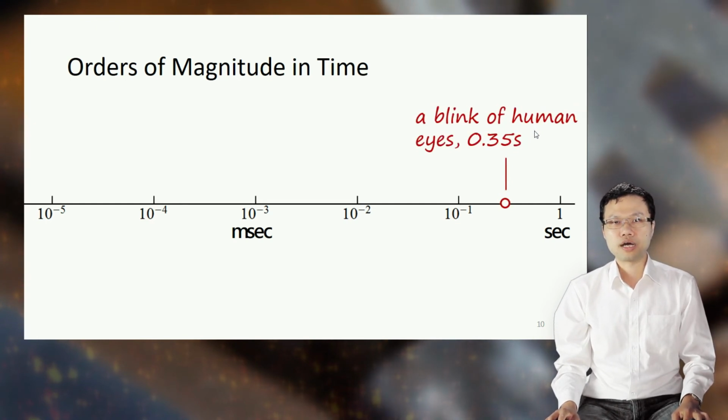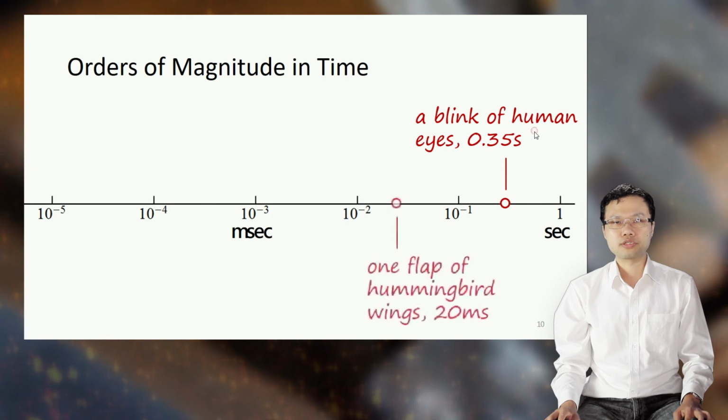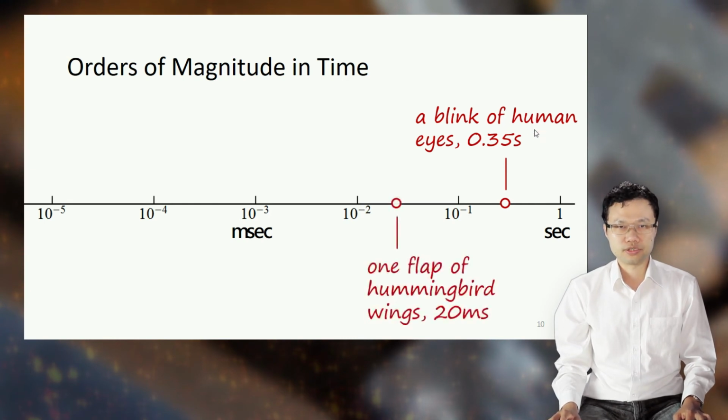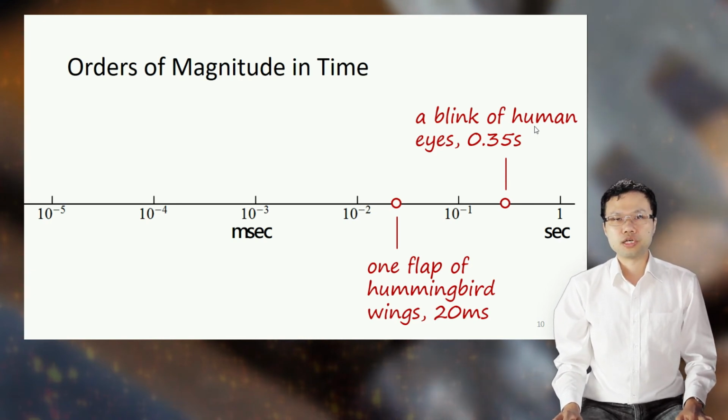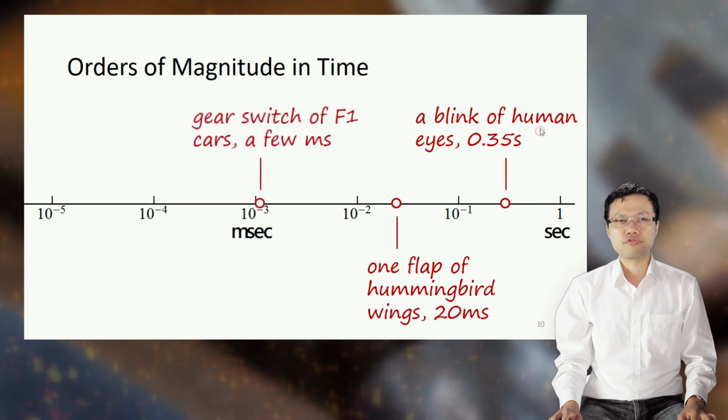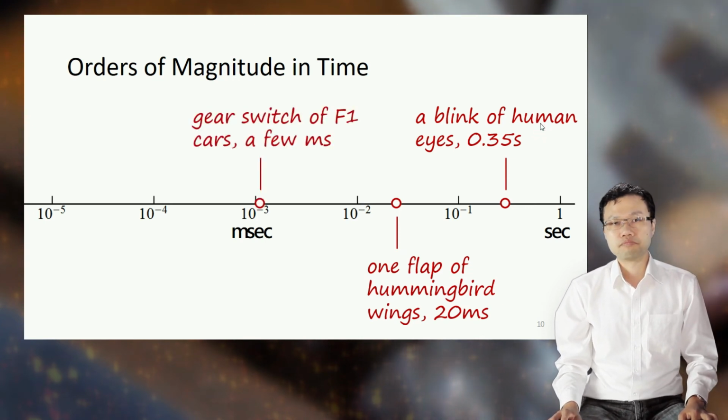One flap of hummingbird wings takes around 0.02 seconds, which is 20 milliseconds. Gear switch of the seamless gearbox on the Formula One car takes only a few milliseconds, much faster than you blink your eyes.